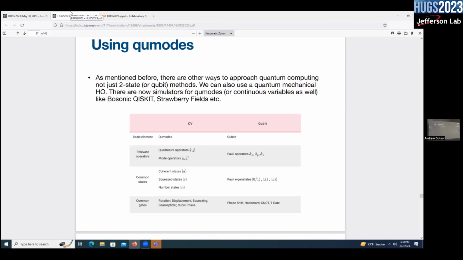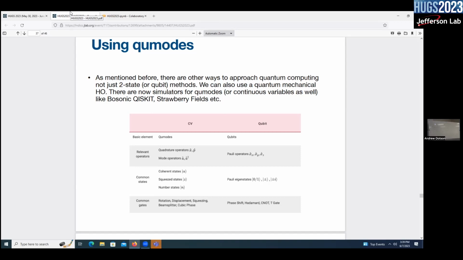When experimentalists in the lab take two lasers and want to split the beam or pass it through some sort of mirror, those gates are implemented in this Strawberry Fields simulator, and they are known as the beam splitter gate. So you can split the beam at 45 degrees, 60 degrees, or whatever. And the squeezing gates correspond to the squeezing of the light.